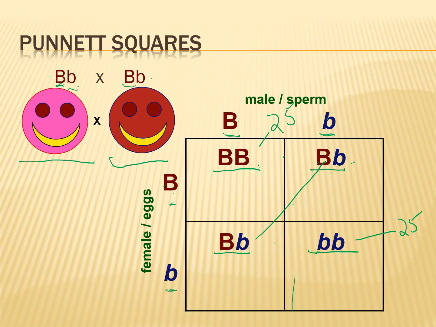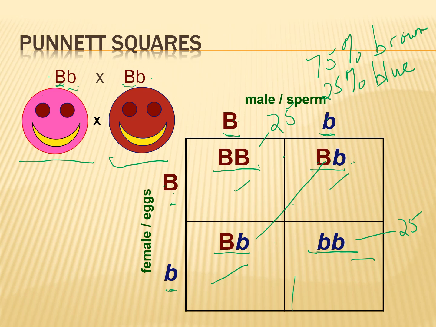The phenotypes would be what their eye color is. So this one and this one would all have brown eyes. So you have a 75% chance of brown eyes. And the only one that would have blue eyes is this one. So that would be a 25% chance of blue eyes.